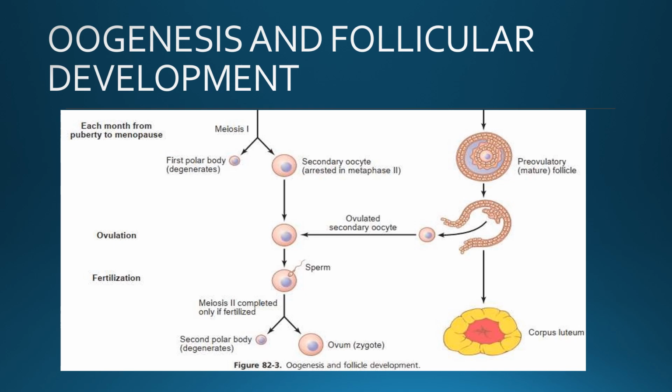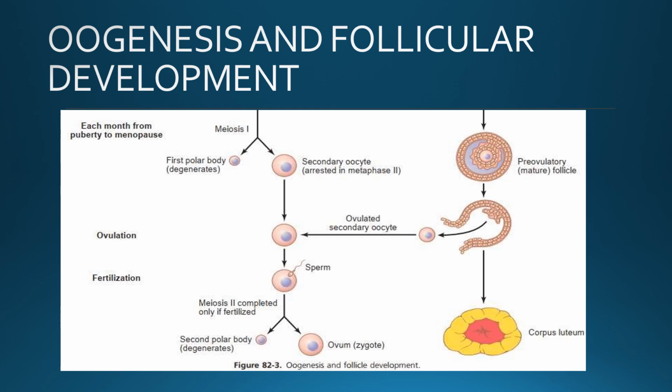The secondary oocyte, which is a haploid cell, immediately begins the second meiotic division, but this division stops at metaphase. During ovulation, the ovulated secondary oocyte stays arrested in metaphase, and meiosis 2 is completed only if the mature ovum is fertilized by a sperm.